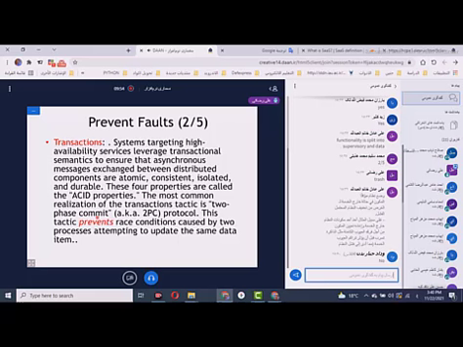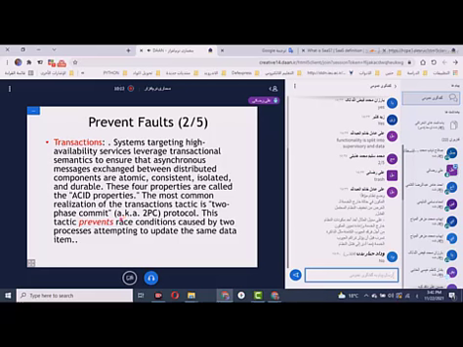So, about transactions, we use transactions massively in database management systems. But transactions can be used in different areas.